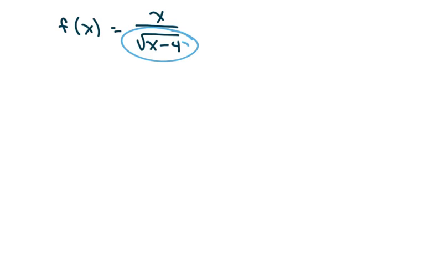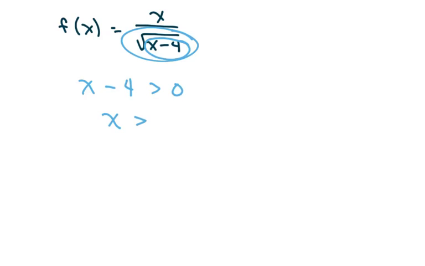Okay, the next one is f of x equals x over square root of x minus 4. So I'm going to set this part, x minus 4, greater than 0.